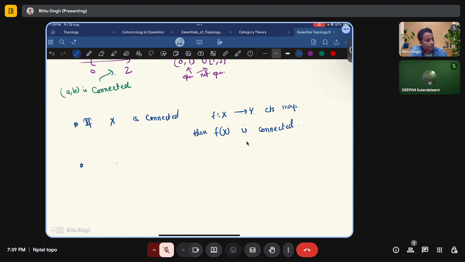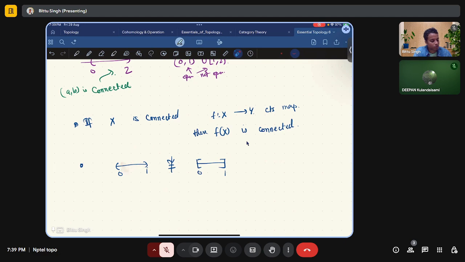For example, this open interval (0, 1) is not homeomorphic to this closed interval [0, 1]. Why? Just remove a point. Removing a point, this will remain connected. But removing a point from the other, whatever point you remove, it will be broken into two parts.